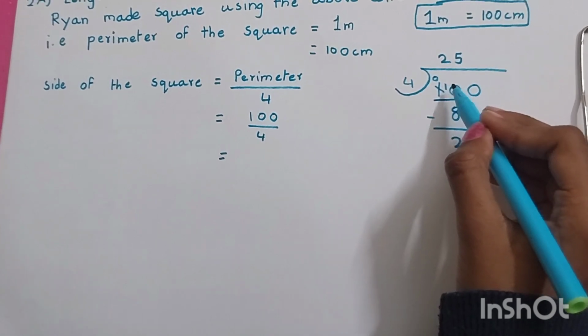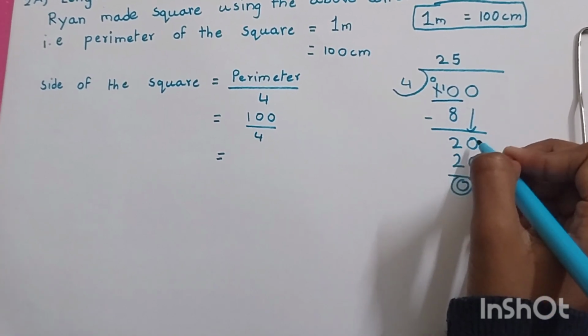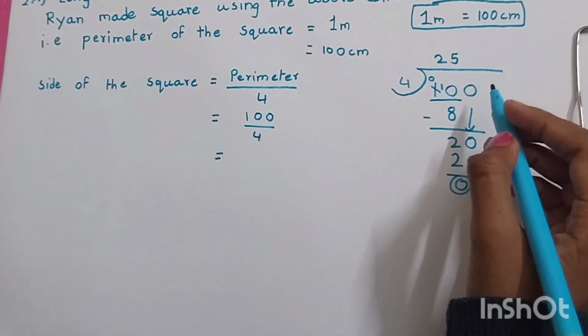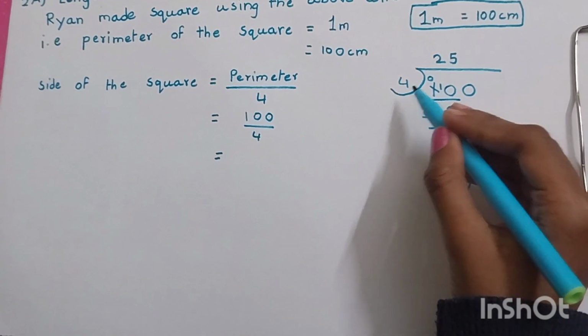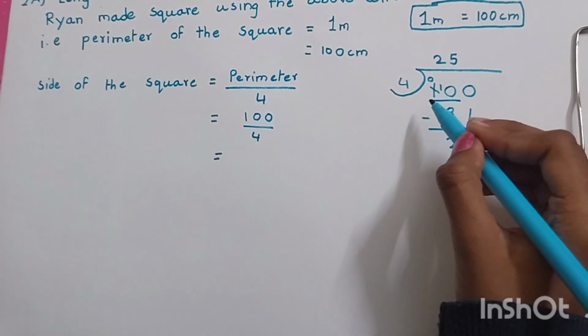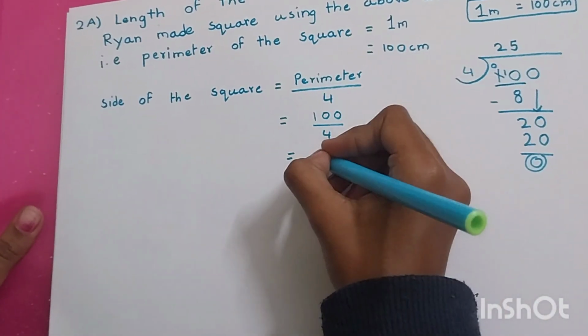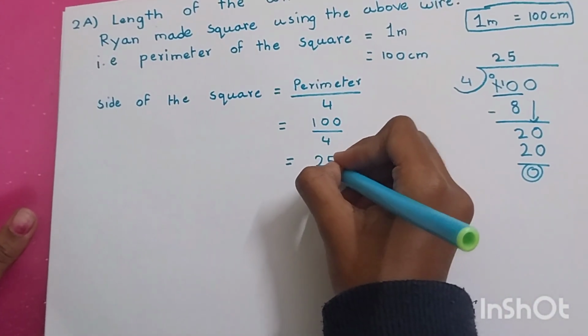Now 10 minus 8 is 2. Now bring down the 0 directly. Now it is 20. 4 1s are 4, 4 2s are 8, 4 3s are 12, 4 4s are 16, 4 5s are 20. That's it. So the value of 100 by 4 equals 25 centimeters.